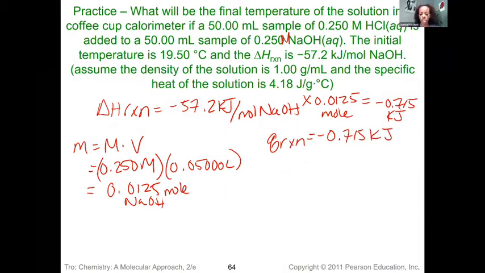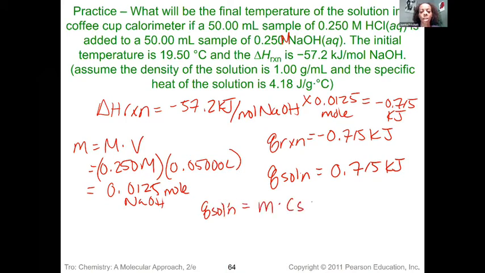What that also helps us to figure out is that the heat of the solution would be equal to that same number, but opposite. Okay. And so now we can use the heat solution formula, the fact that the heat of the solution is equal to the mass of the solution times specific heat times delta T, and solve for our final temperature.